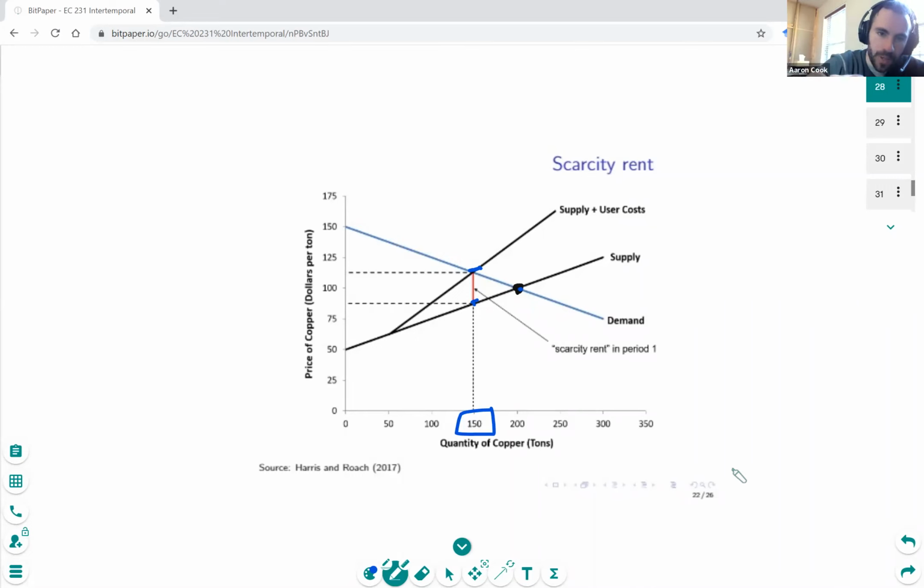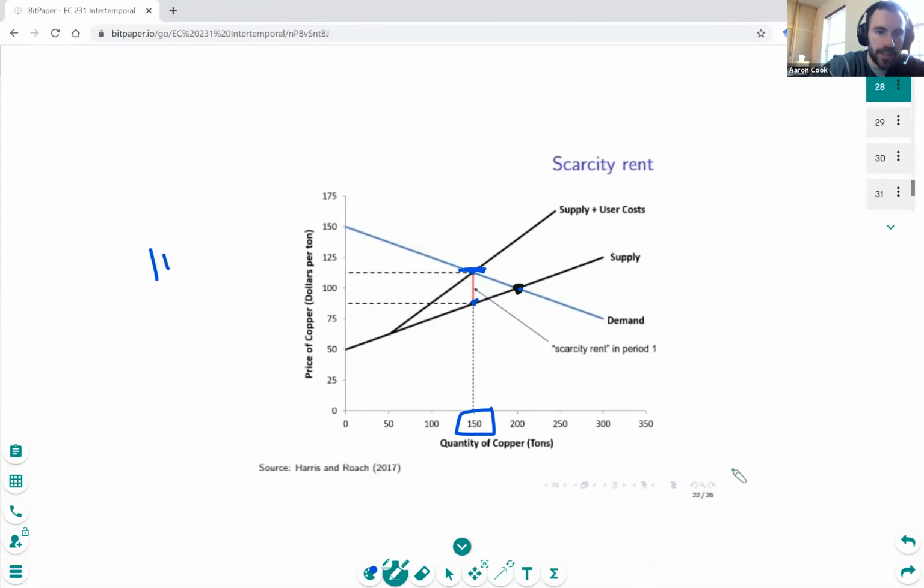The marginal benefits decline between 150 and 200, and so the willingness to pay on the part of consumers is a little bit higher when there's less available, and you can charge up to 112.5.